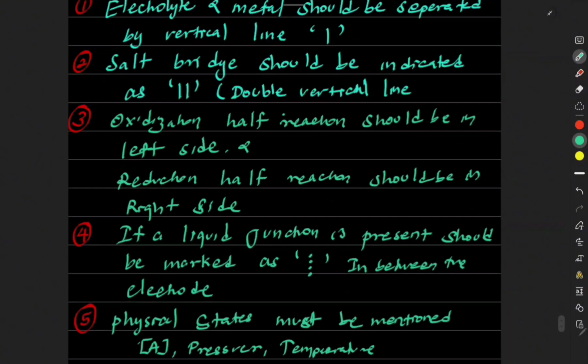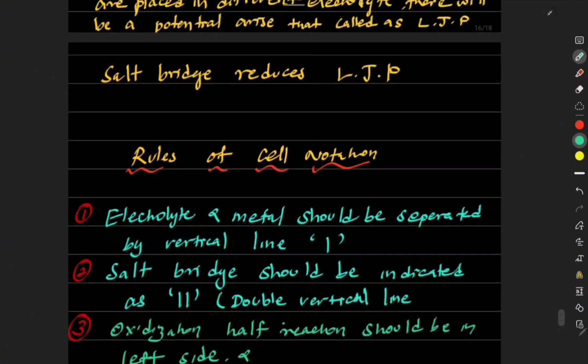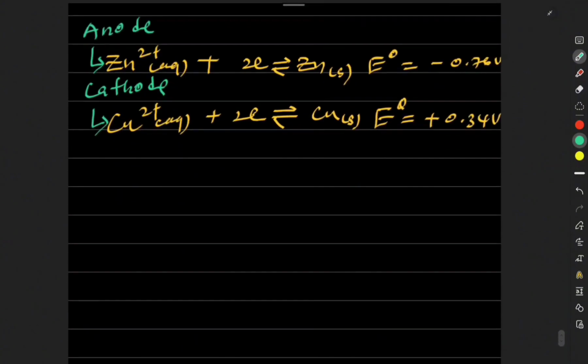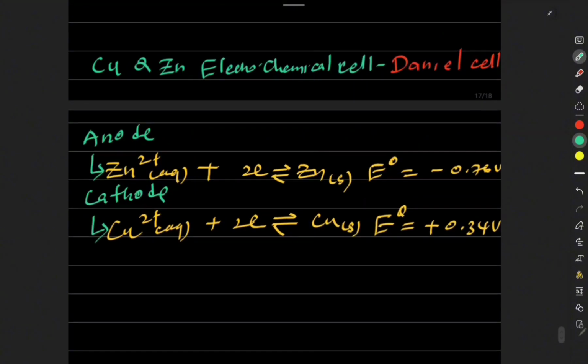Here we are talking about a galvanic cell. After the cell notation, it is about a galvanic cell. The anode is negative, so it should give electrons, therefore it undergoes oxidation. The anode undergoes oxidation, and the cathode is the positive terminal, therefore it undergoes reduction.